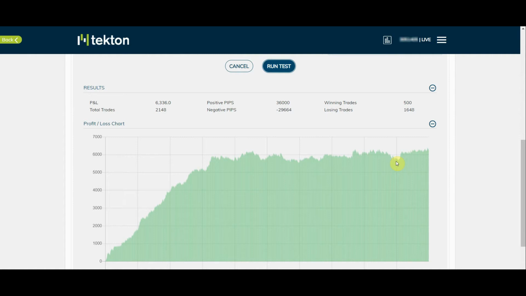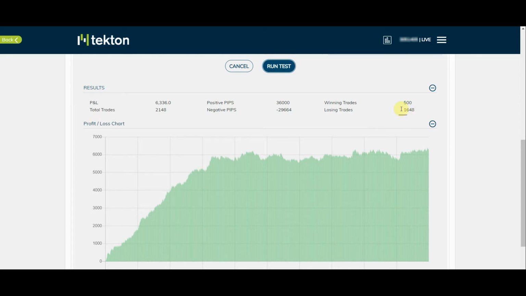We have run systems live, algorithms live, and they've had 4, 5, 6 losing trades on the spin. Some of you have experienced that, and you've sent me a message, Mark, why is this trading system that I'm running now having 4 or 5 losing trades on the spin when it's a profitable system overall? Remember, you've got a lot of losing trades in these, guys.